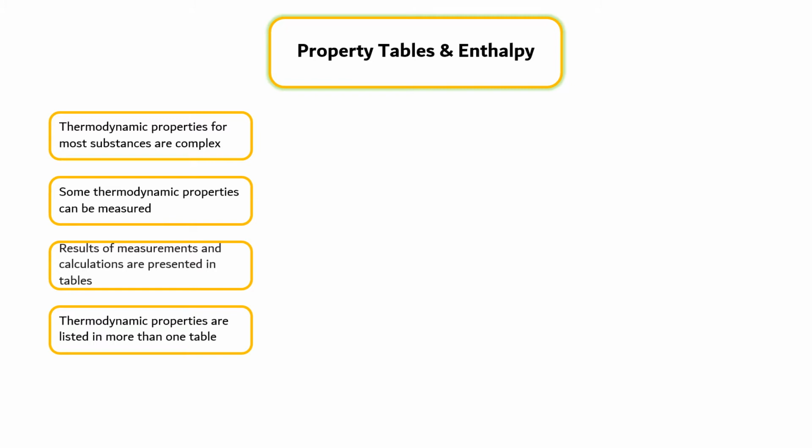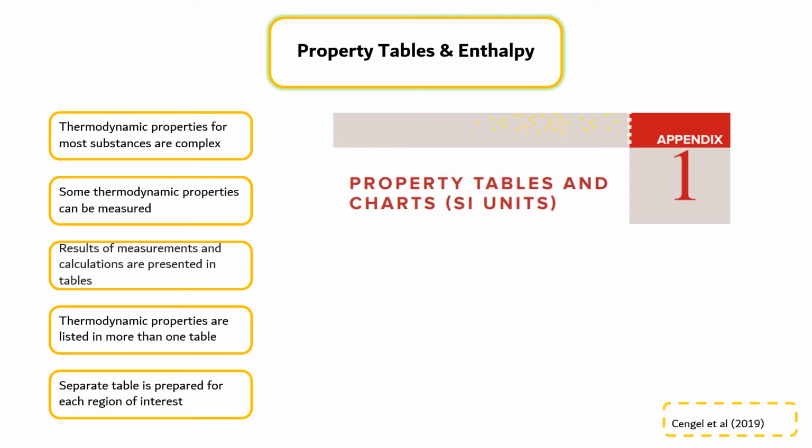In fact, a separate table is prepared for each region of interest, such as the superheated vapor, compressed liquid, and saturated mixture regions. Property tables are available in the appendix of the textbook. In the analysis of certain types of processes, particularly in power generation and refrigeration, we often encounter the combination of properties U plus PV.